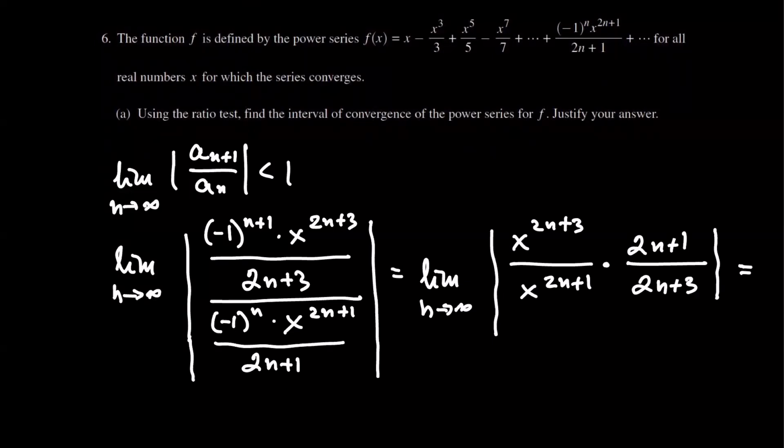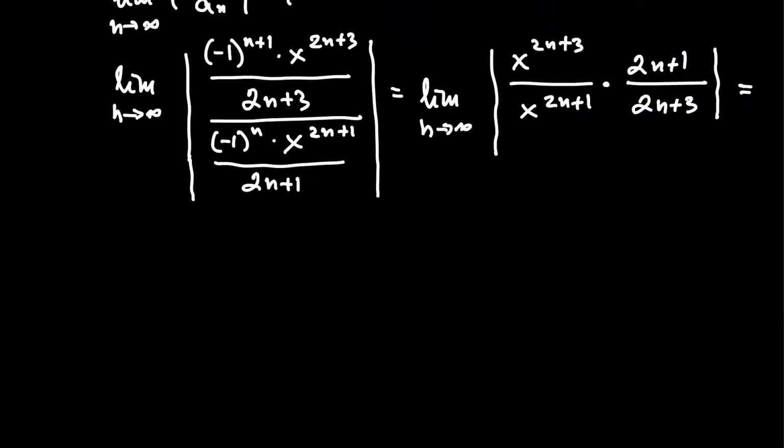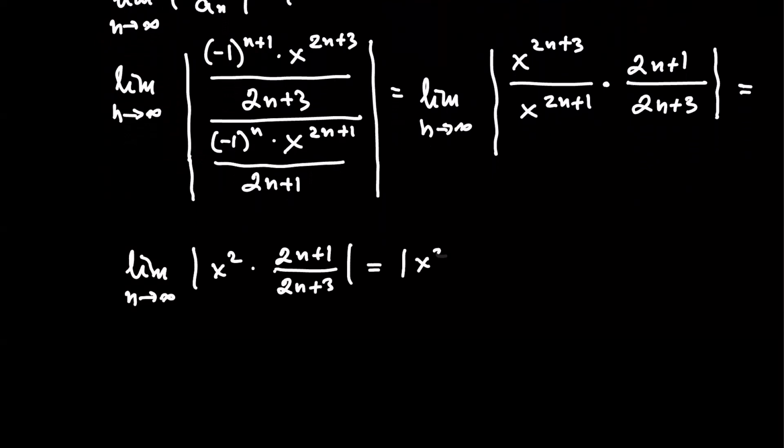And this is equal to, in the first ratio, the limit as n goes to infinity of x squared times the ratio 2n plus 1 over 2n plus 3, and this is equal to the absolute value of x squared. And this has to be less than 1 in order for this series to converge.